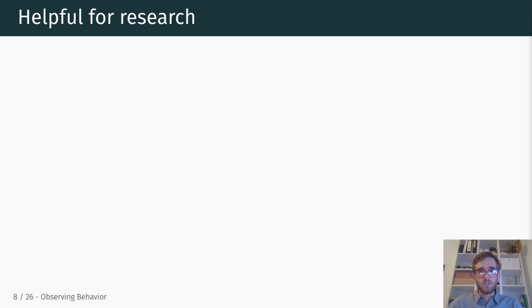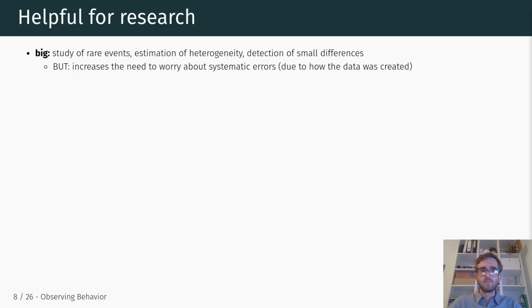So let's go through each of these points, just really briefly. The first helpful aspect of big data, of course, is that it's big, which can have a couple of really important advantages for social science researchers, because it allows us to study things that otherwise we might not be able to study. For example, very rare events.